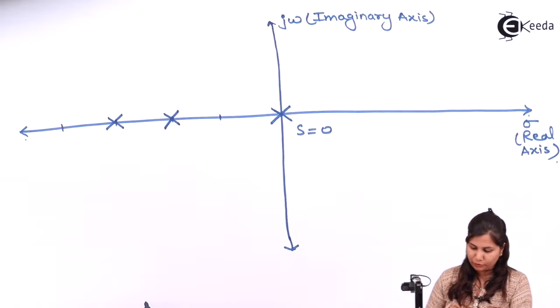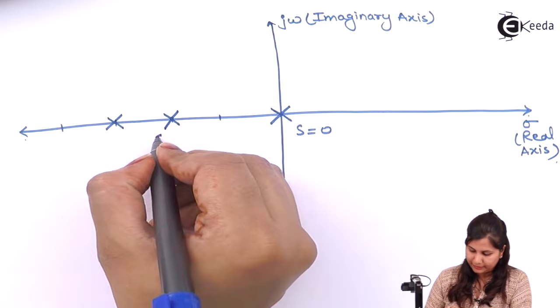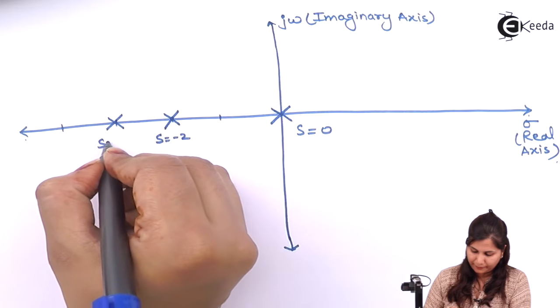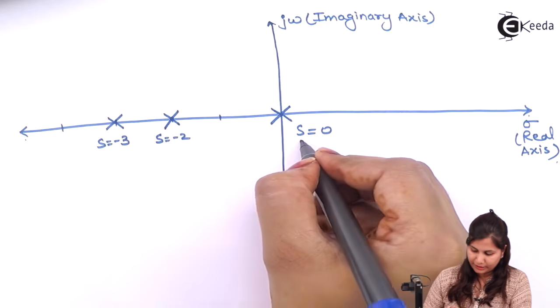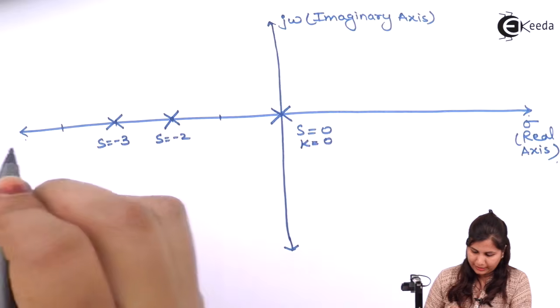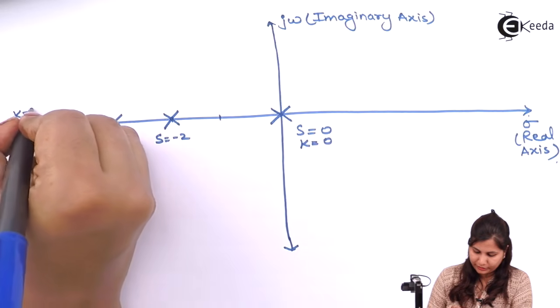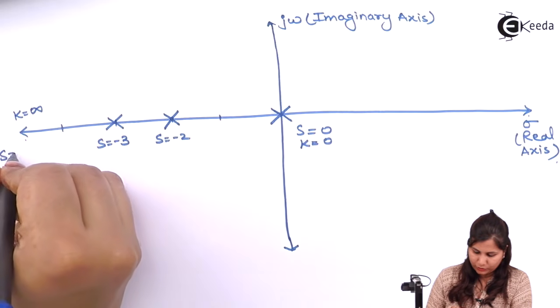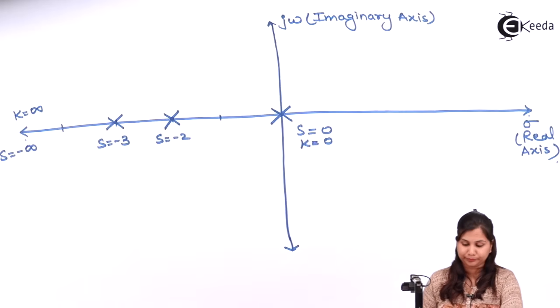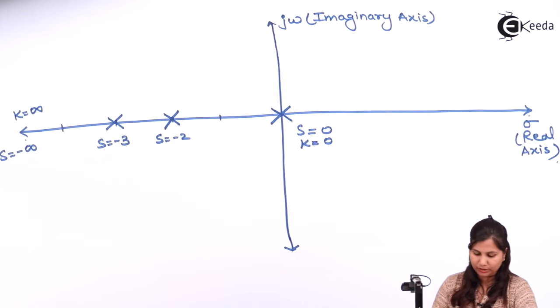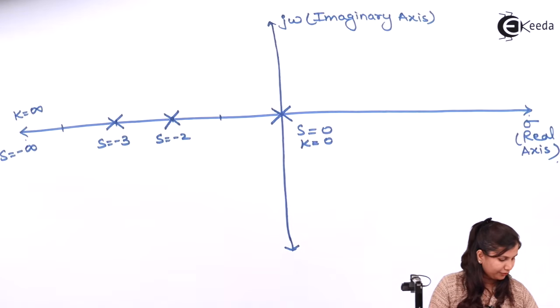Okay. S equals minus 2, s equals minus 3. This is for k equals 0, and for k equals infinity we are having s equals minus infinity. Direction of the root locus we have obtained in our first step.